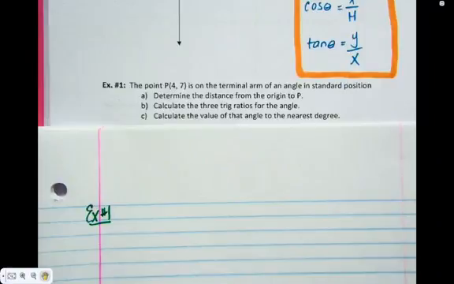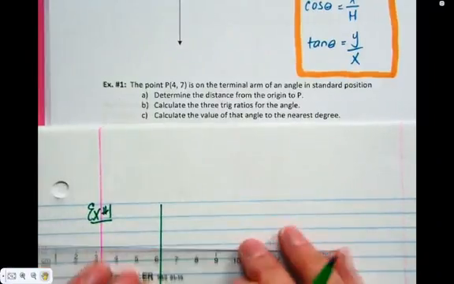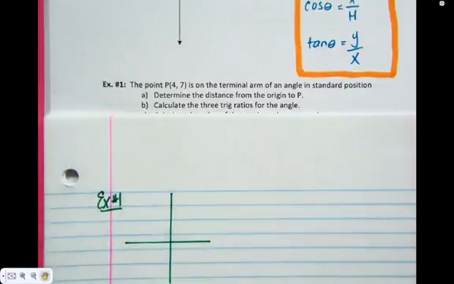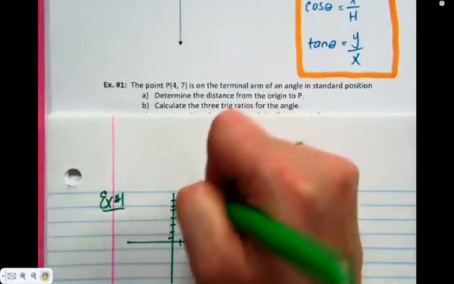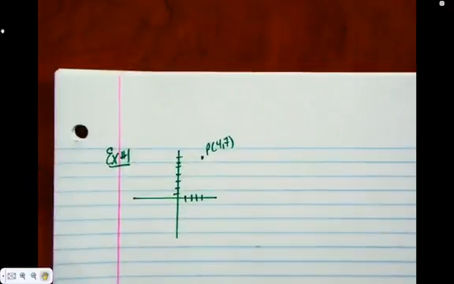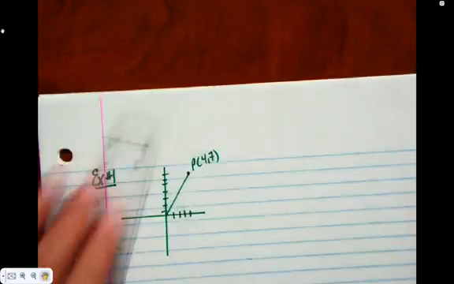So we don't normally draw a diagram, but I'm going to do it for the first one just for the visual people so you know what we're trying to find here. And so they told us it's 4 units to the right and 7 units up. They told you right in the question that P lies on the terminal side, so they're saying join that to the origin.